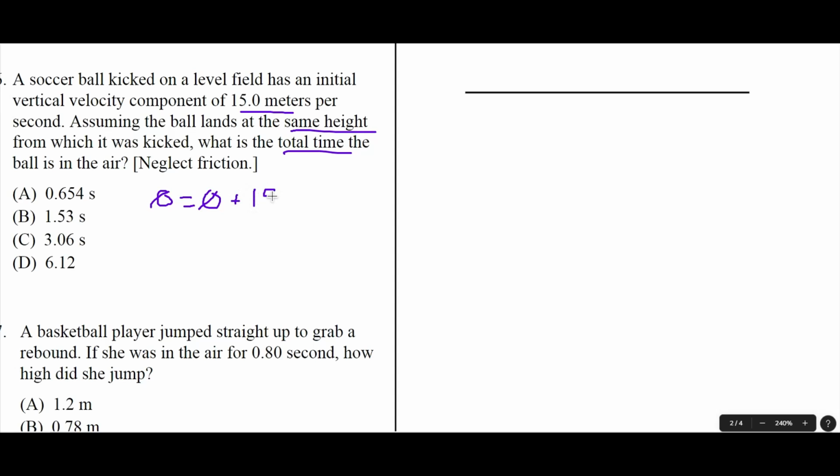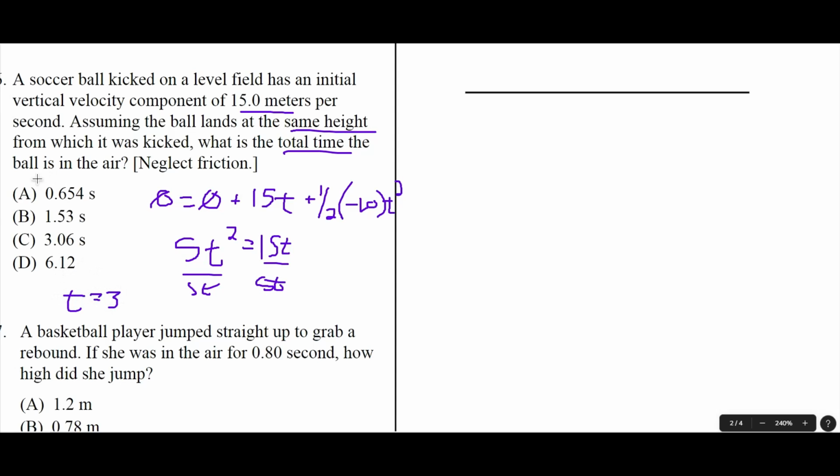And then the initial velocity is this 15, looking for that time, plus 1/2 a t squared. Move things around, do some basic algebra. We get 5t squared equals 15t. Divide 5t from both sides, and I get t equals 3.